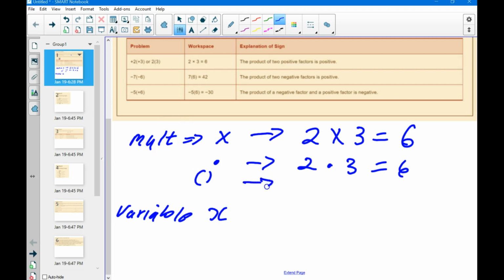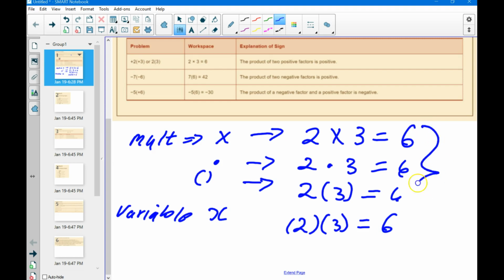In the bracket format, there are 2 ways we can do that. We can go 2 bracket 3 equals 6, or we can go bracket 2 bracket 3 equals 6.